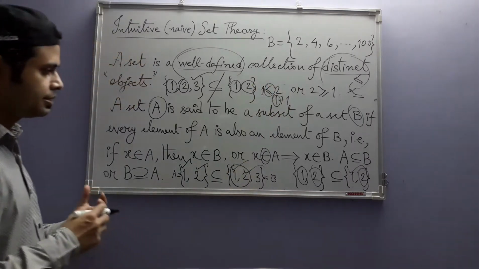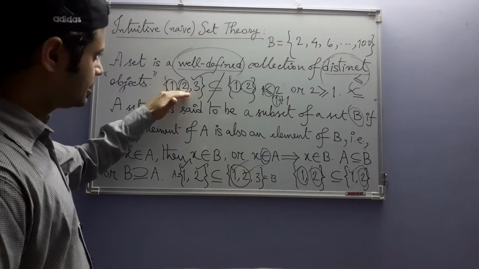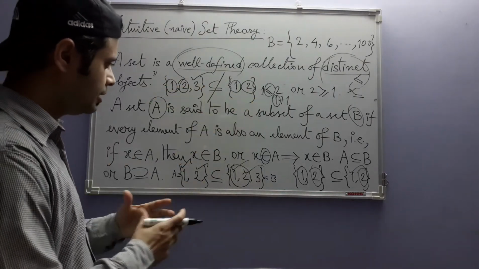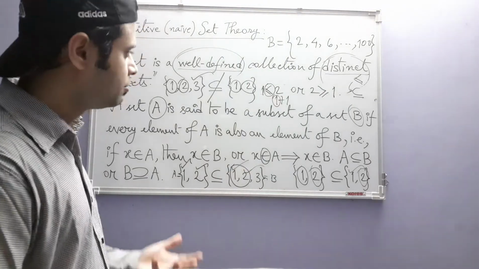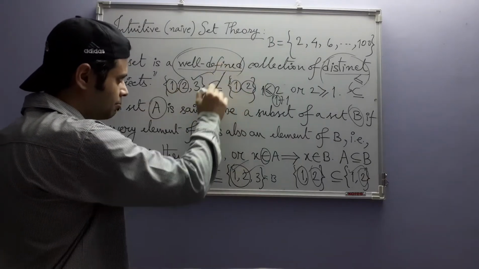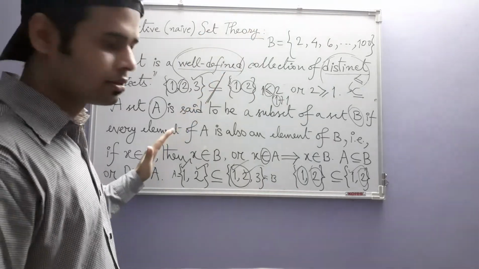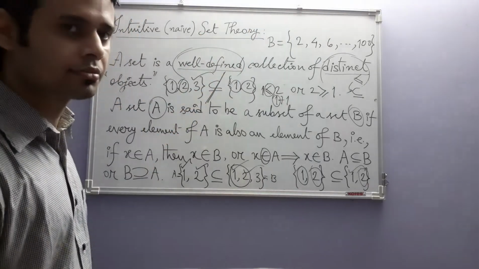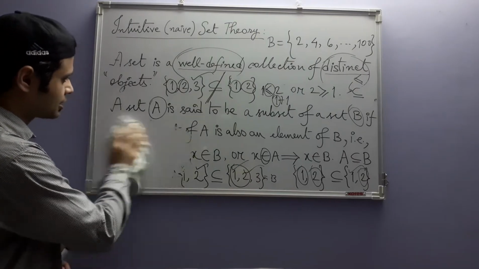Okay, so that is the idea of a subset. And when a relation does not hold, we denote that by the same notation, except the symbol has a dash. It is struck off. Okay, so that's what subset means.